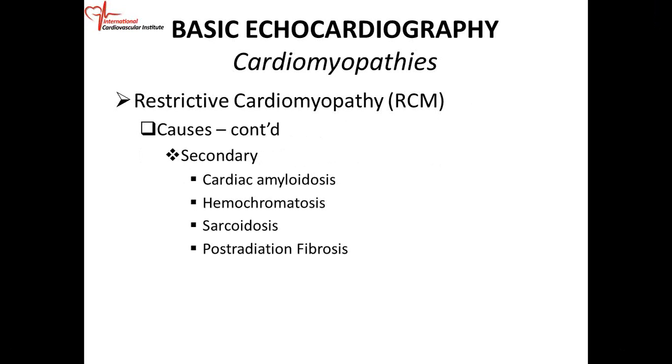Amyloidosis is a systemic disease that affects multiple systems in the body, and the heart is one. But the heart becomes infiltrated with this protein substance, and as a result, the heart becomes restricted in its filling capacity.